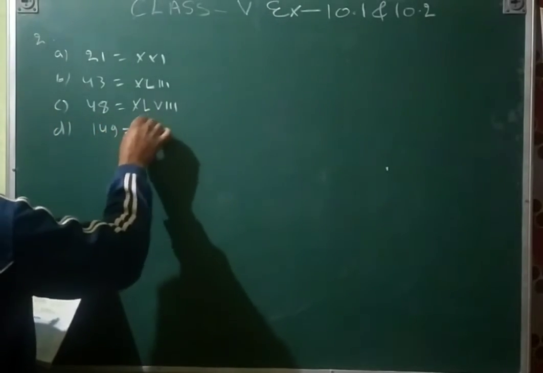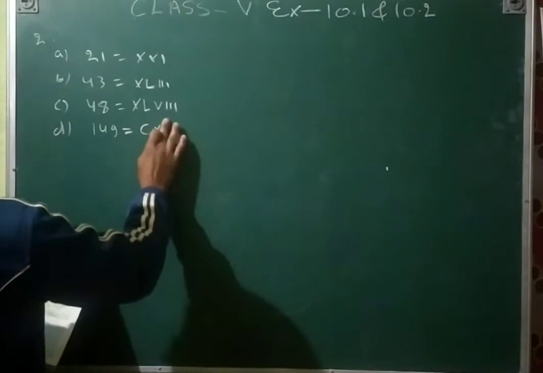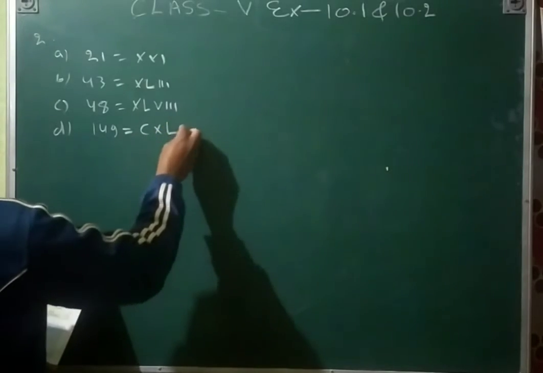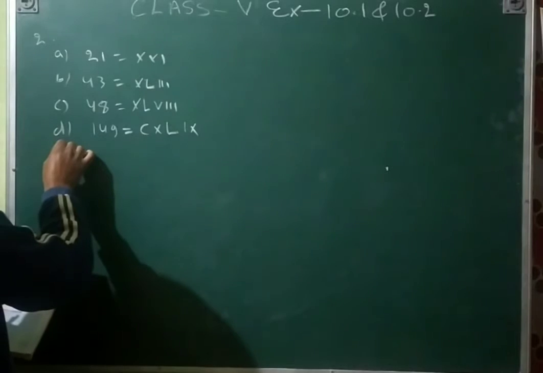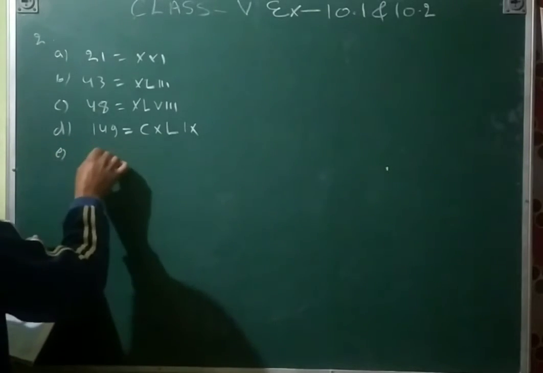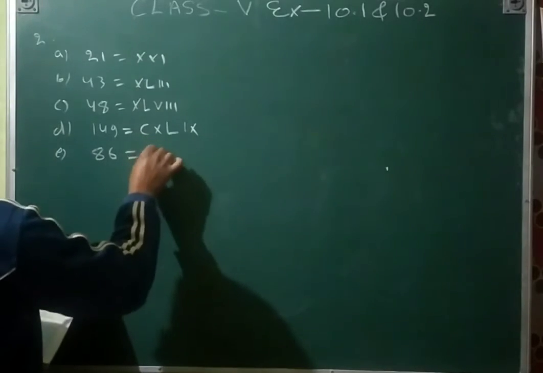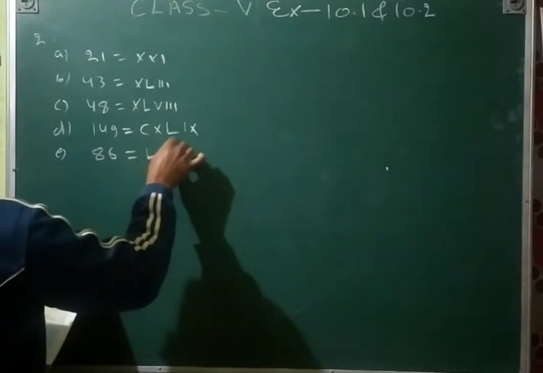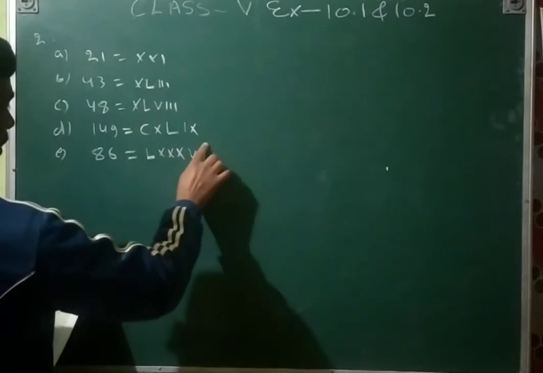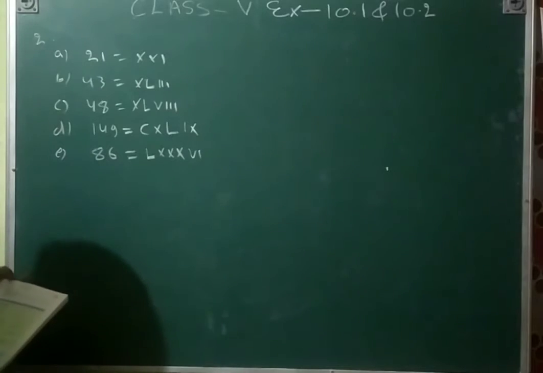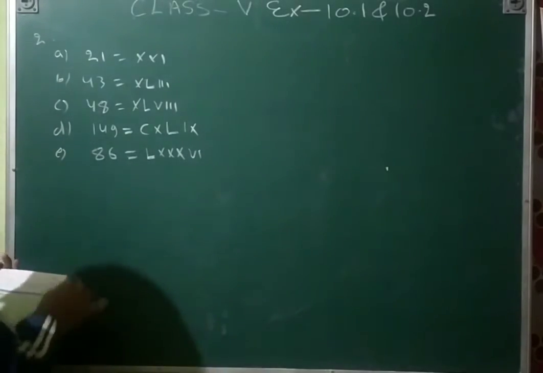So C will become the same, and then XL, that is 40 and then 9. And then the E part, 86. 86 means that will be 50 and then 80 and then 6, because we can write the same symbol only three times continuously.